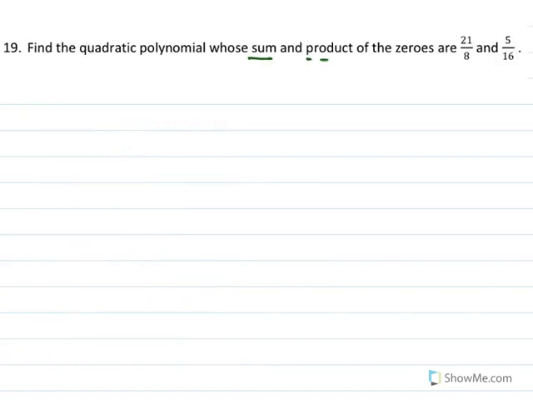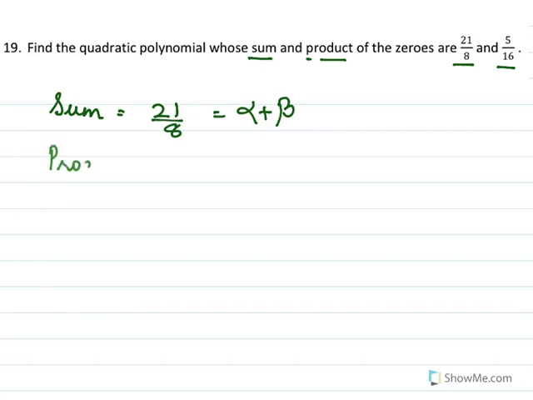Find the quadratic whose sum and product are 21 by 8 and 5 by 16. So sum is 21 by 8, which means alpha plus beta is 21 by 8, and product is equal to 5 by 16, which is alpha beta is 5 by 16.